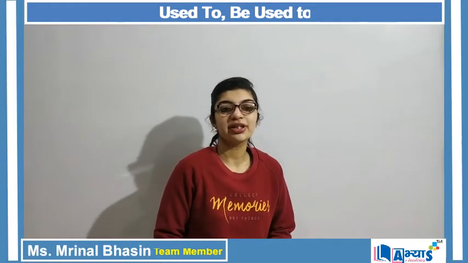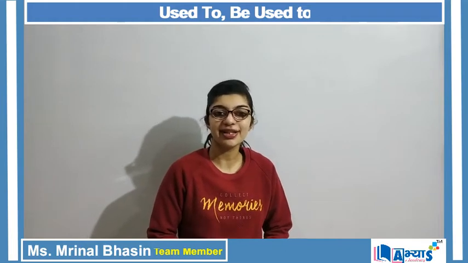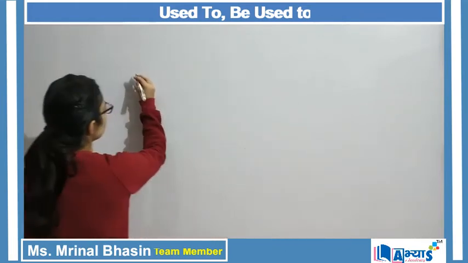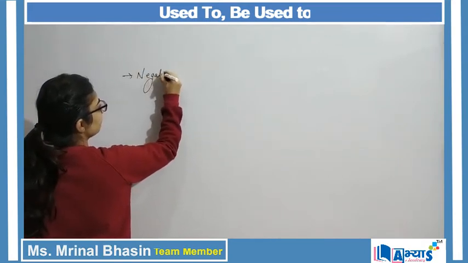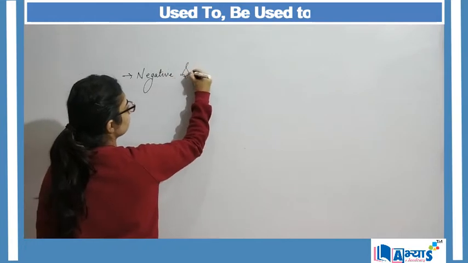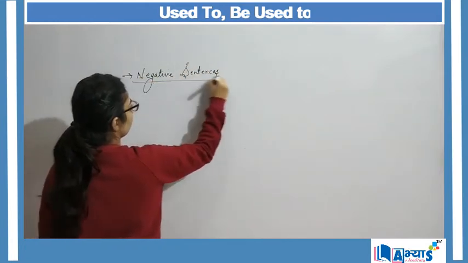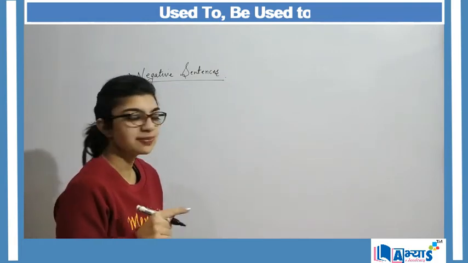Now next we will discuss the usage of used to in negative sentences and in interrogative sentences. So used to, we are discussing in negative sentences. So I already mentioned the negative sentence before.